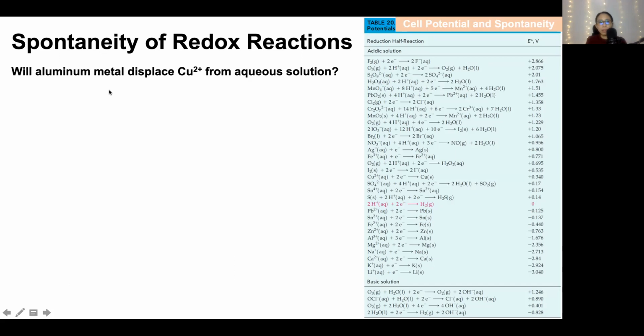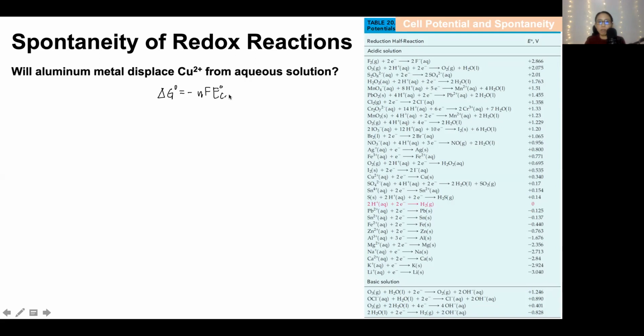will aluminum metal displace copper 2 ions from aqueous solution? Now this question is incomplete, so we will be considering standard state. Since we are considering standard state, we go back to our equation of delta G naught equals negative nF E naught cell.